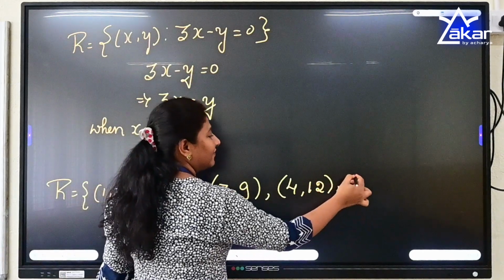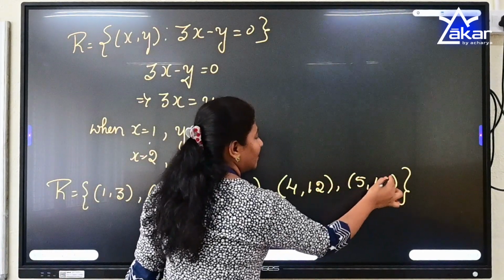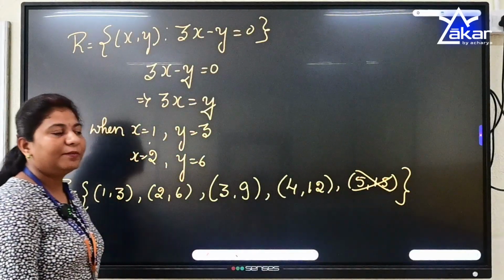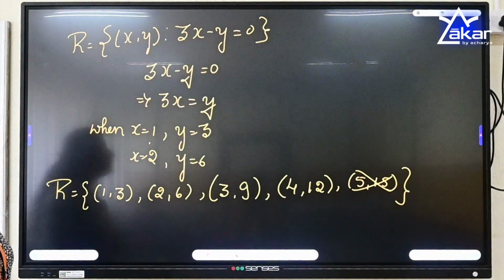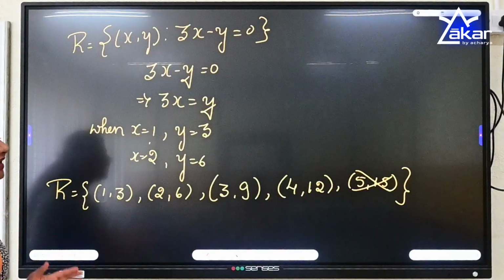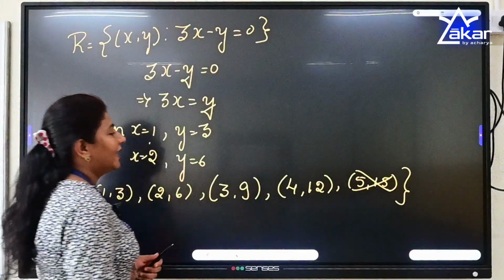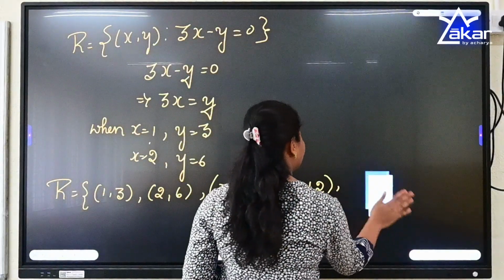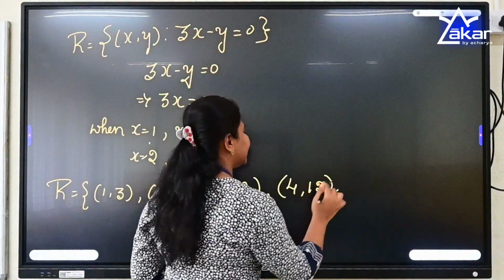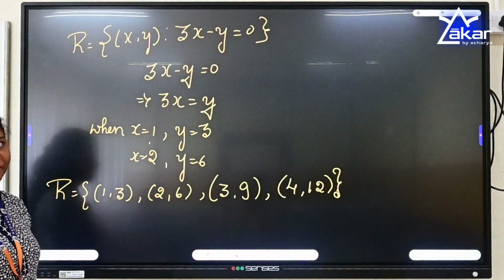Is (5, 15) possible? No, it is not at all possible because the elements are 1 to 14. Both x and y should be between 1 and 14 only, so we cannot apply x equals 5, as y would be 15.